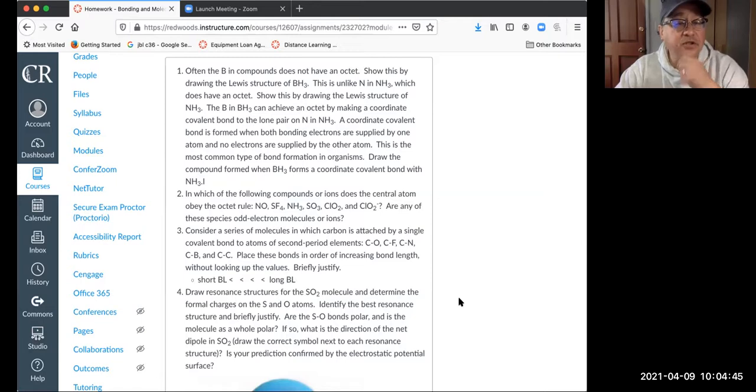This is the most common type of bond formation in organisms. Draw the compound formed when BH3 forms a coordinate covalent bond with NH3. There's a little extra thing at the end there. I'm not sure where that's from, but regardless, let me show you what I'm asking for.